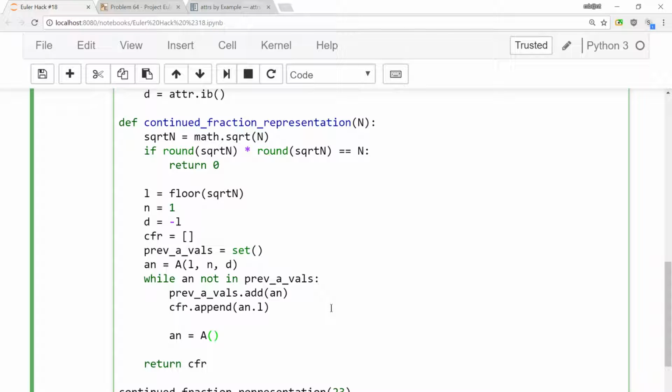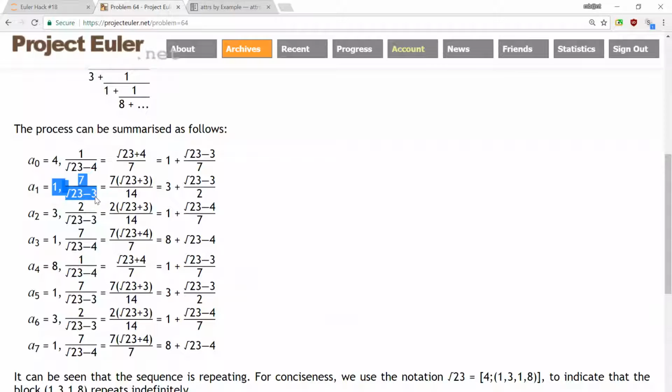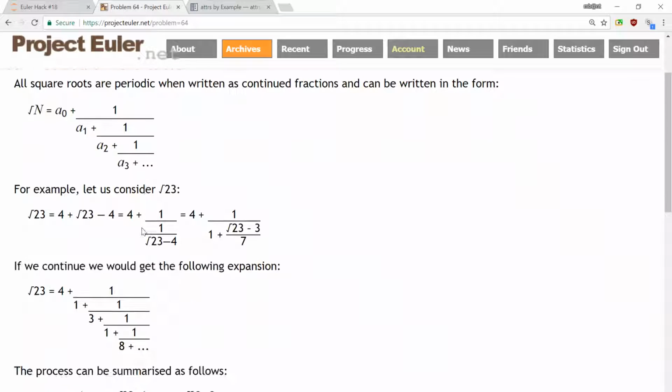And well, okay, so what do we do? The first thing is we calculate this. Yeah, but I think you should know how to get it from the first A0.